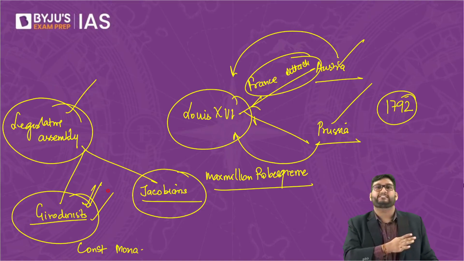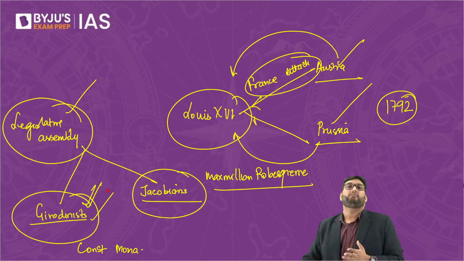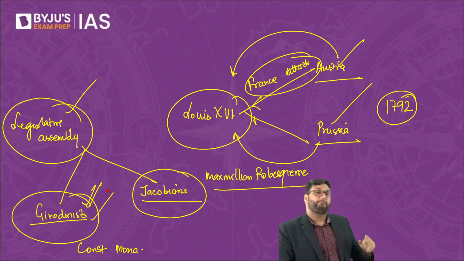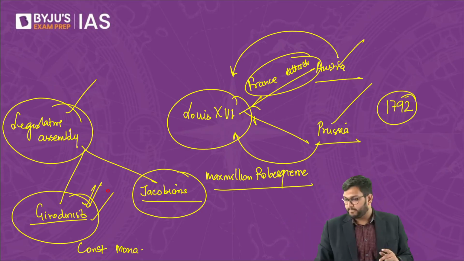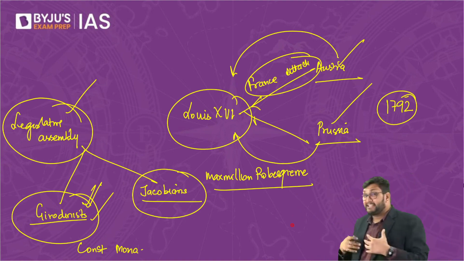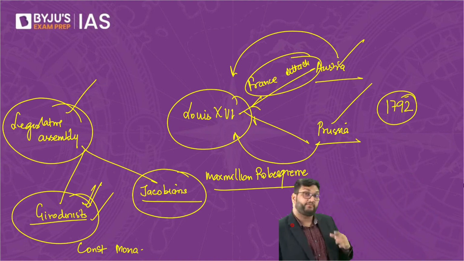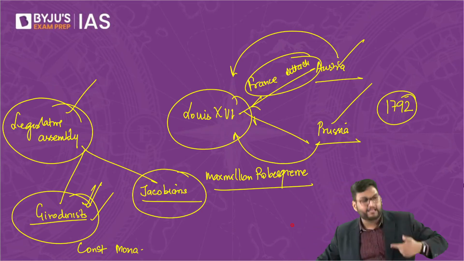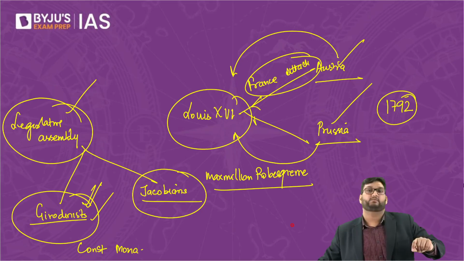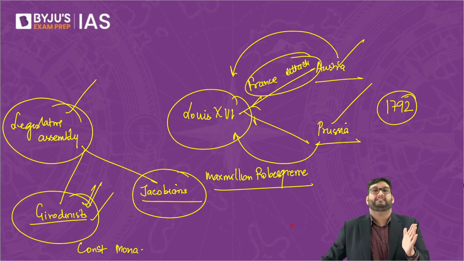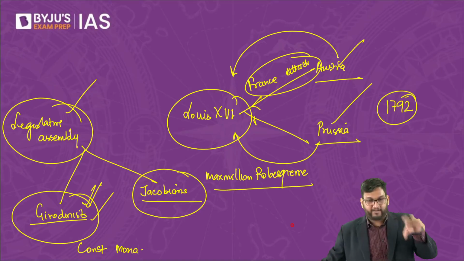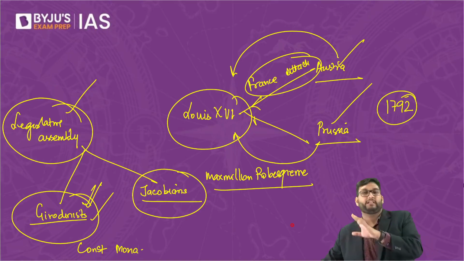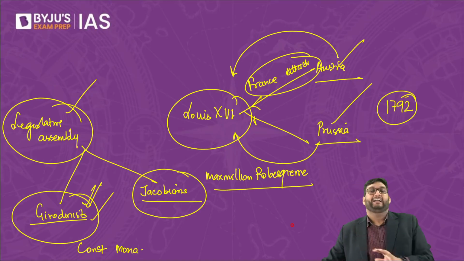And Louis XVI and his wife, Marie Antoinette, will be identified and brought back to Versailles. But now the Jacobins' internal conviction that there was something fishy was becoming more and more obvious. Again, Louis XVI, in between this war, will move from his main palace, the Versailles Palace, to a palace called Tuileries. Tuileries Palace is on the eastern border, very close to the Austrian border. And he will again try to flee.